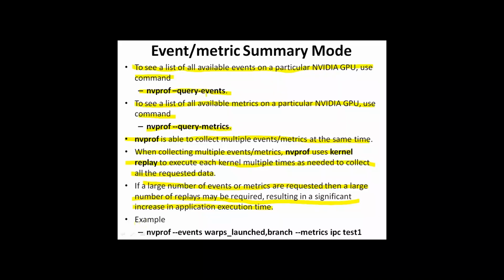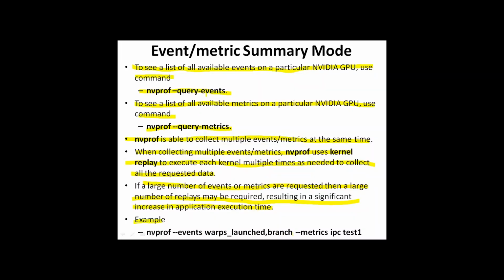For example, over here we can see what type of events there are, like nvprof, that is the command, --events and then the events. The event we are seeing here is warps_launched: how many warps are launched by the kernel. So this is the event, and we can get its detail.